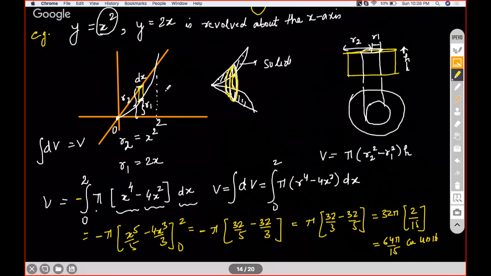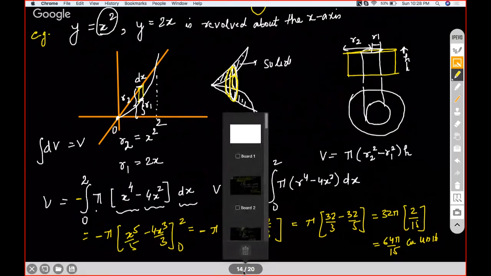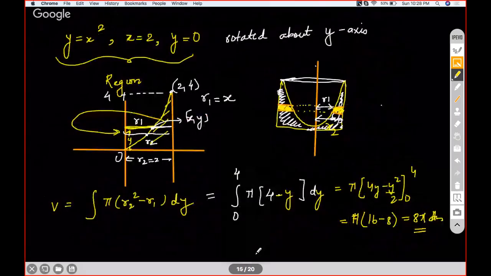But then the next one, I know I'm not comparing questions, but I understand what's different between that. Next one is the 15th one. Yeah, the next question which you did. So over here, why did we take R1 as just x and not x square?